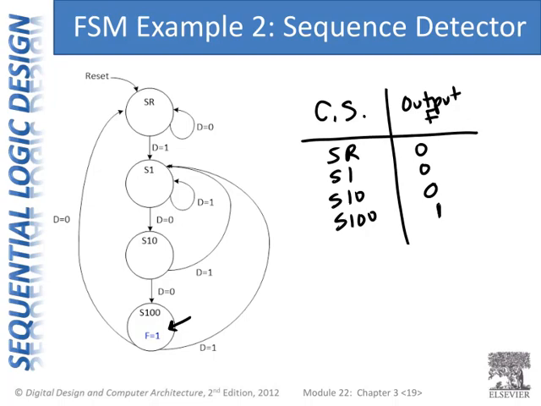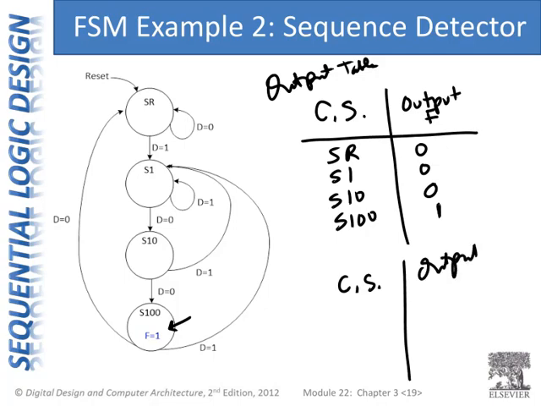Now we can encode this output table, and we just use our encodings from before, from when we did the next state table. So SR is 00, S1 is 01, S10 is 10, and S100 is 11.